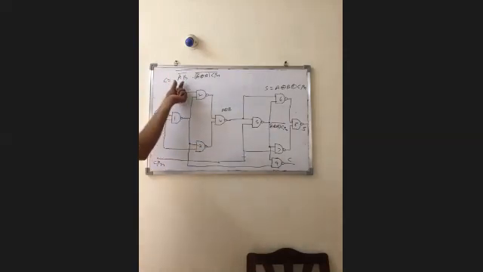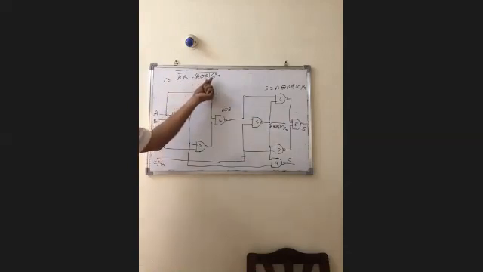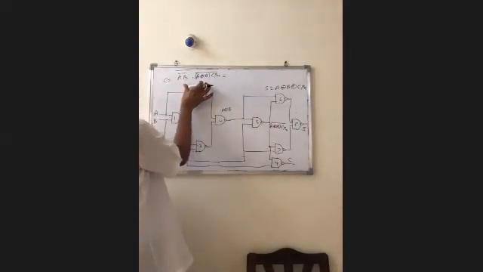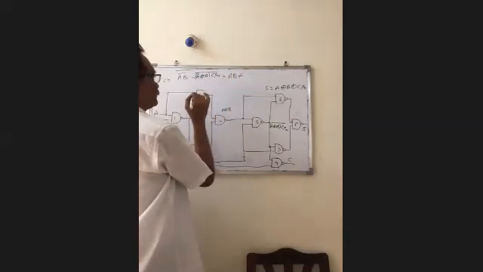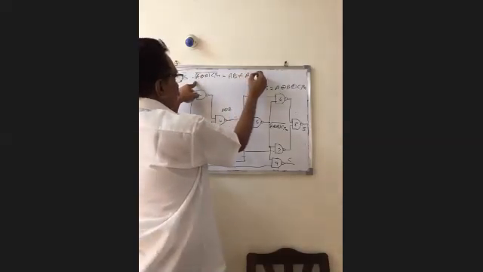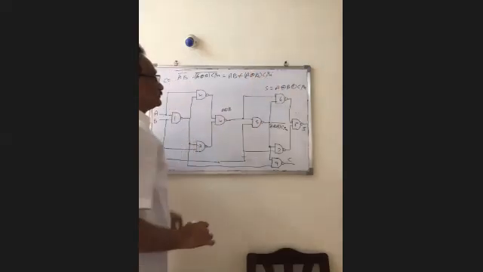One of the inputs is AB bar, the second input is A exclusive OR B multiplied by C in whole bar. So according to De Morgan's theorem, this can be written as AB plus A exclusive OR B multiplied by C in.